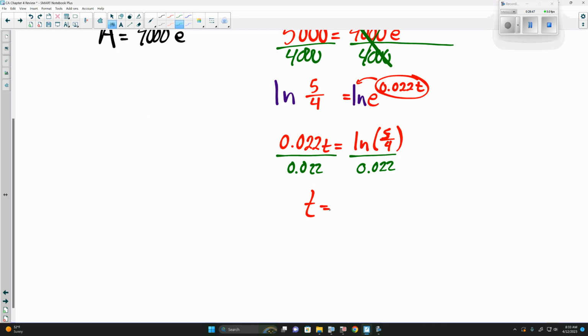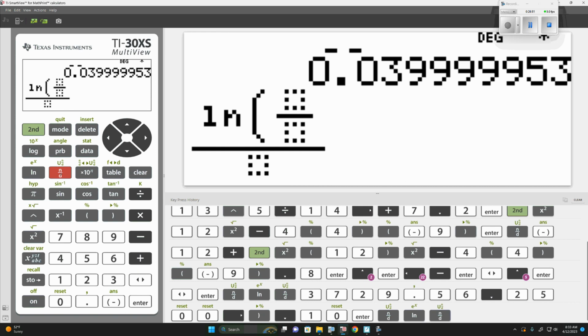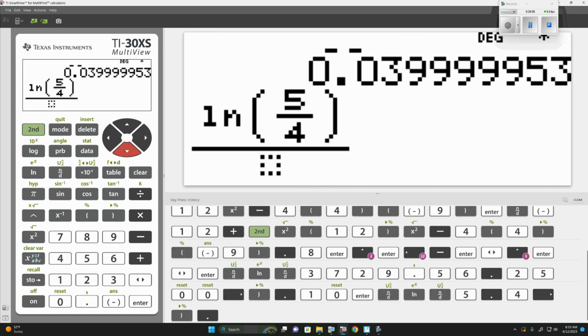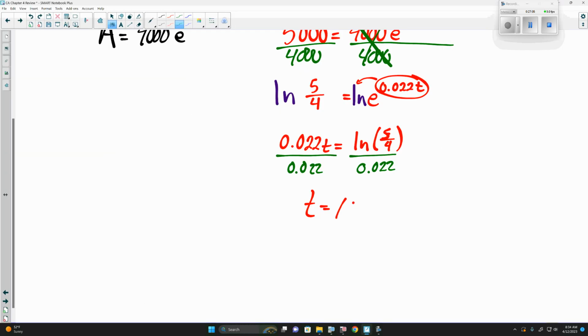And we can plug this in to find the time. The natural log of 5/4 divided by 0.022 is 10.1428. Nearest tenth is 10.1.